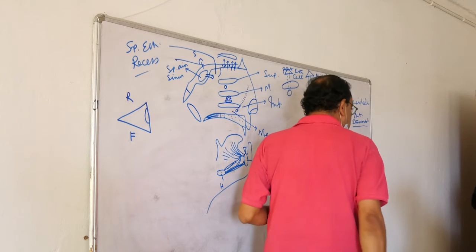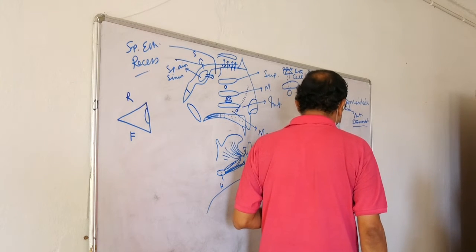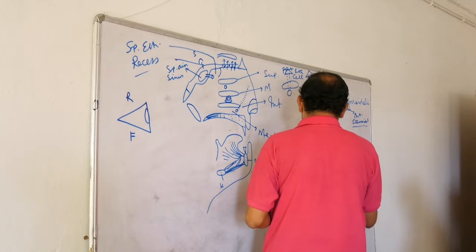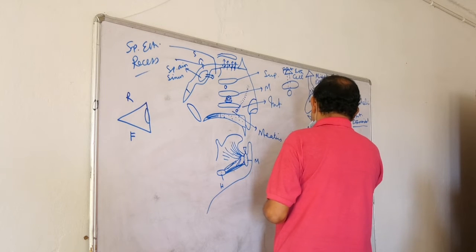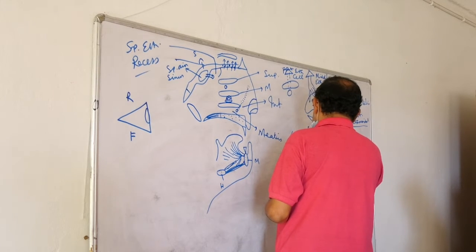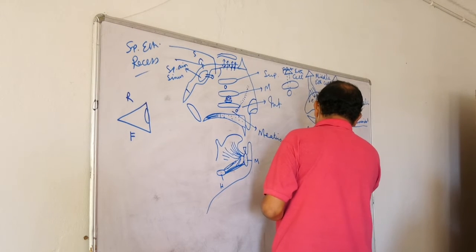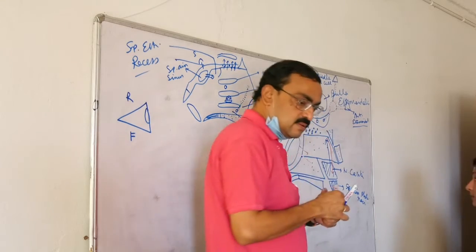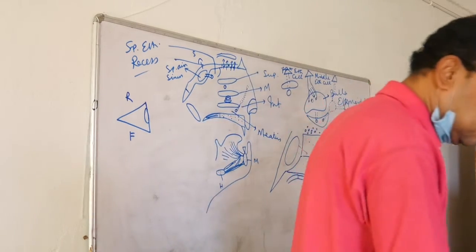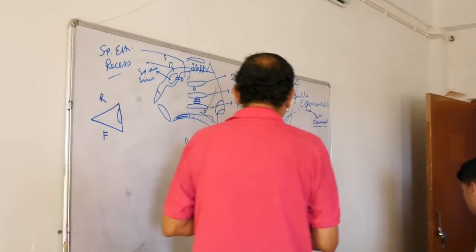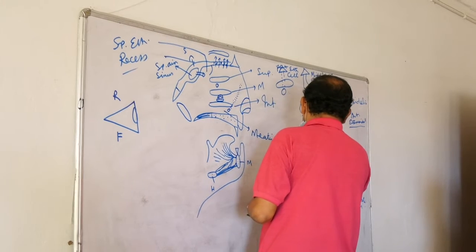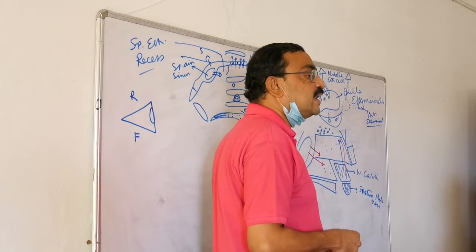one artery is coming from above, that is the ethmoidal, and one artery is coming, the palatine artery.